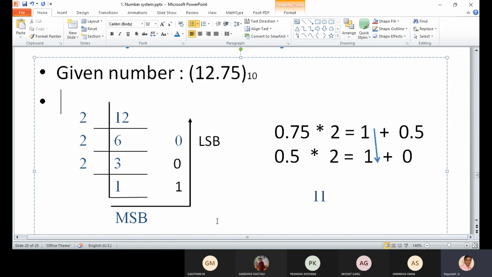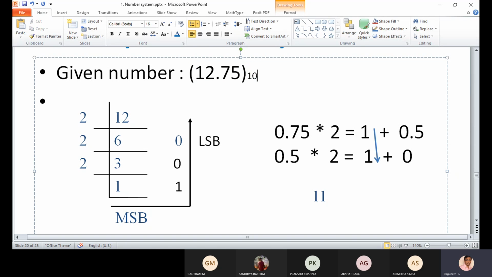Sometimes this 12.75 may be hexadecimal also, because 2 won't come in binary, but 2751 may come in octal, hexadecimal and decimal. So you should know what kind of number system is given. How can you find out? By the base number.